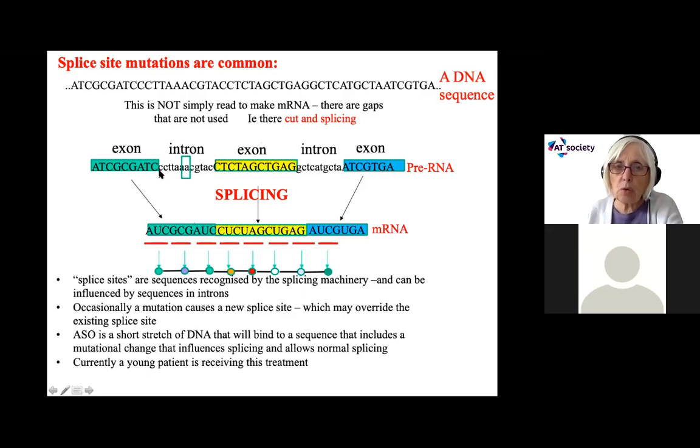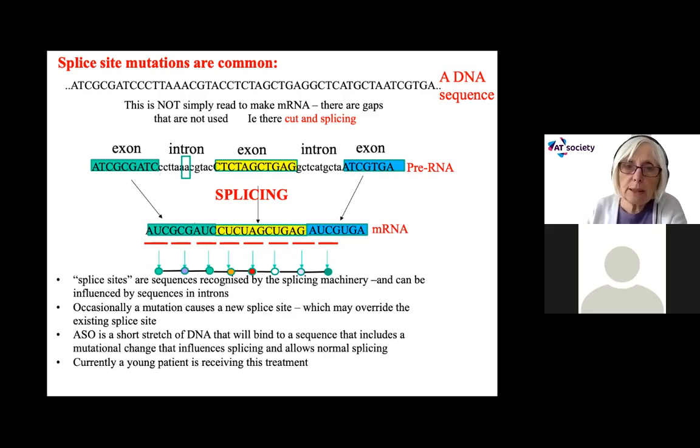Normally you would be splicing from there to there. Here you might go from there to there, because this is now recognized as a splice site because of the mutation change. And then you might go from there to there, which will give you these additional sequences in the code, which could be disastrous.